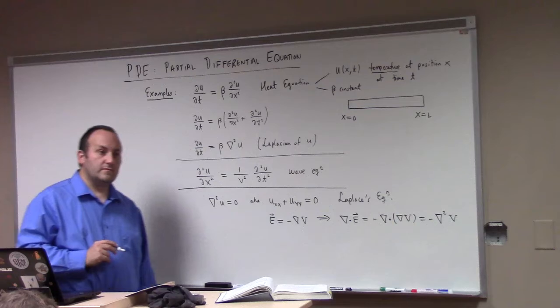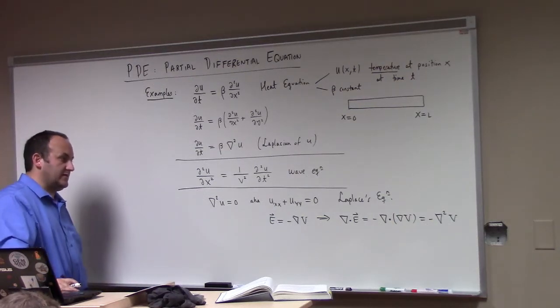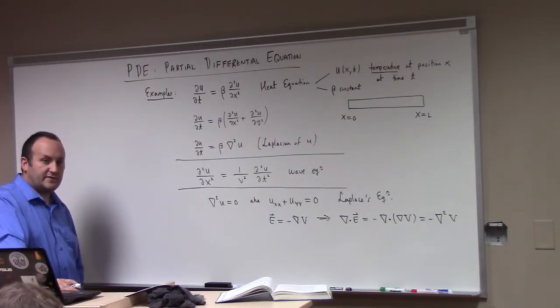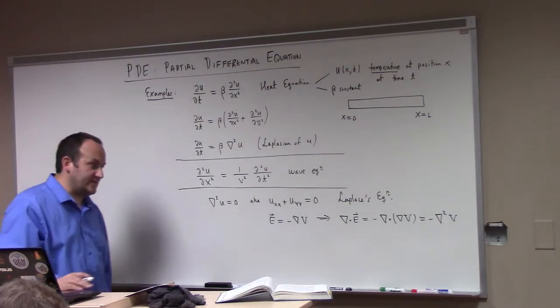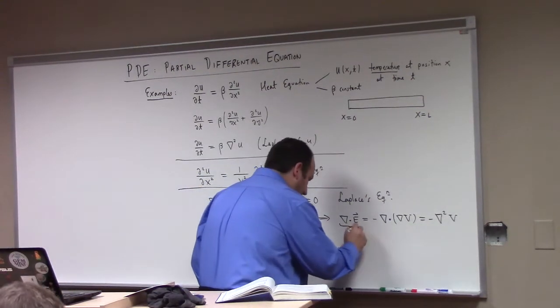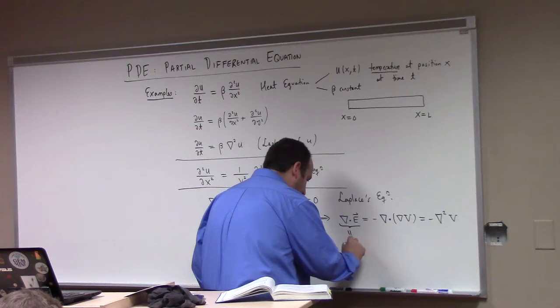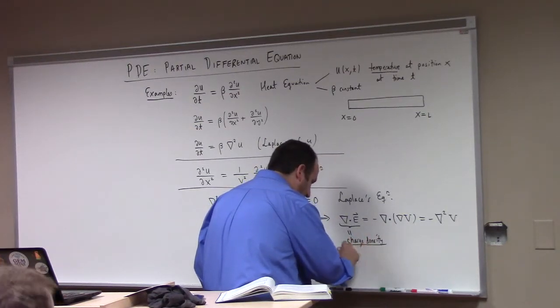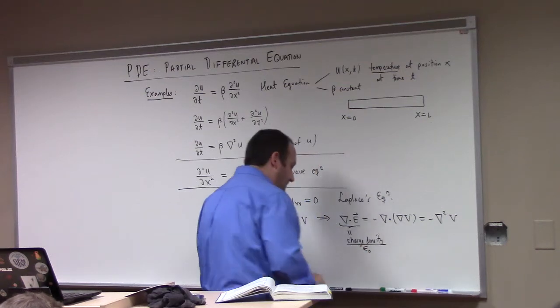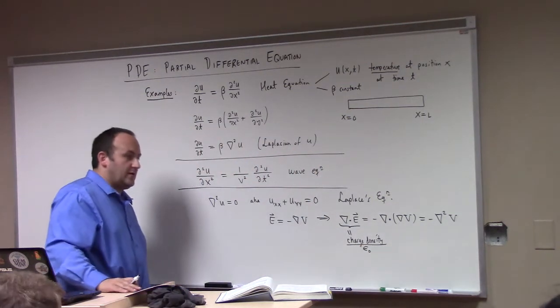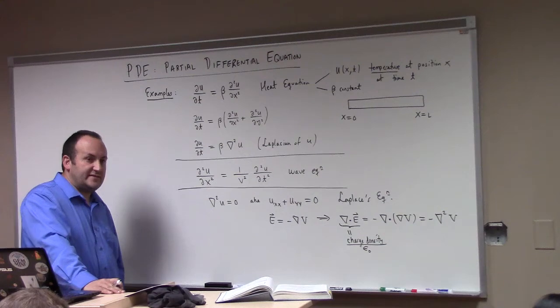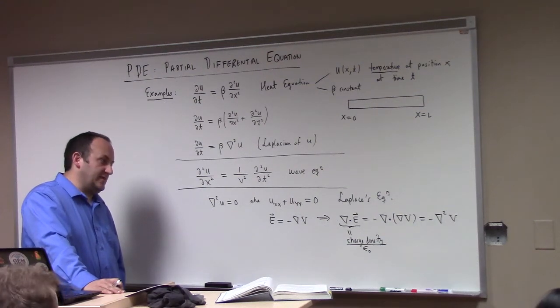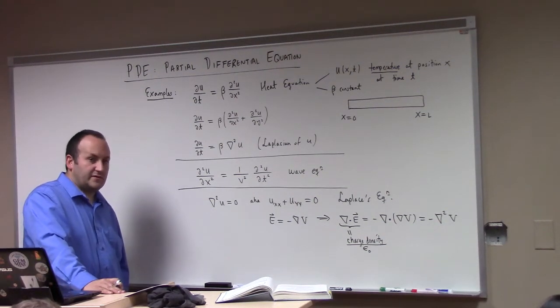On the other hand, if you study electrostatics, eventually you learn that the divergence of the electric field is equal to the charge density divided by epsilon naught, the permittivity of free space. So in the absence of charge, if the charge density is 0, that means that the divergence of the electric field is 0, right?